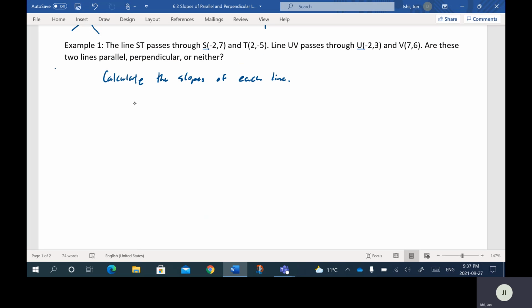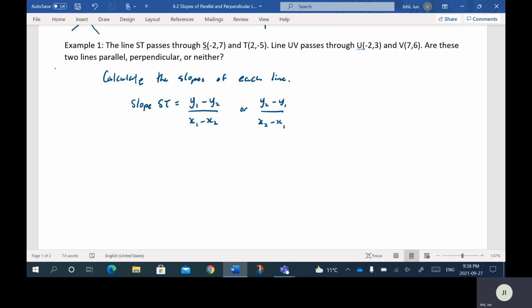For instance, the slope of ST. If you remember the slope formula from two lessons ago, basically what you do is subtract the y values: y2 minus y1 over x2 minus x1.